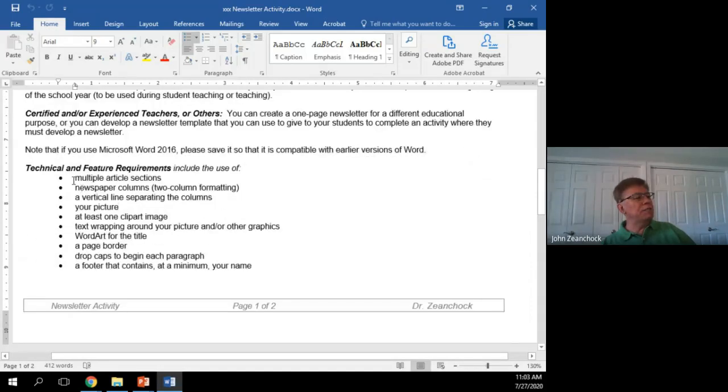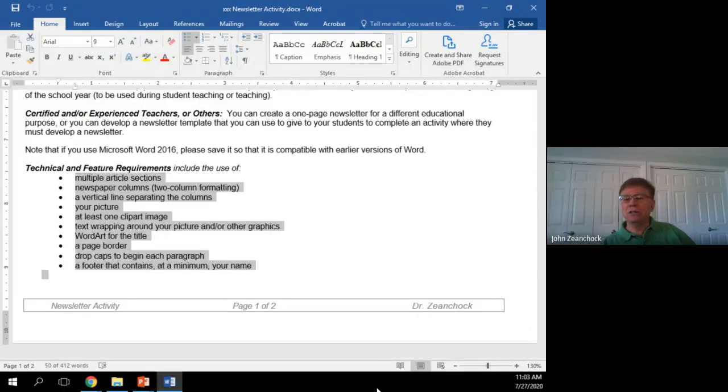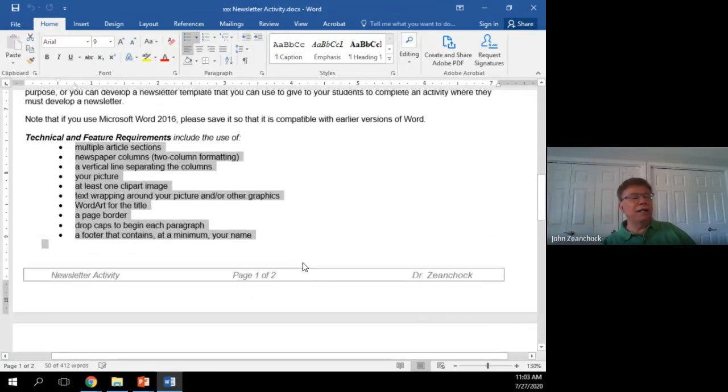So I tell them specifically what features they have to use in creating their newsletter. And I do not give them direct instruction on how to do this. I don't present a whole lot of videos on how you insert a line between your columns whenever you have 2 columns and so on, because all of that is available in Microsoft Word Help by clicking the Help button if you just put in the right parameters.